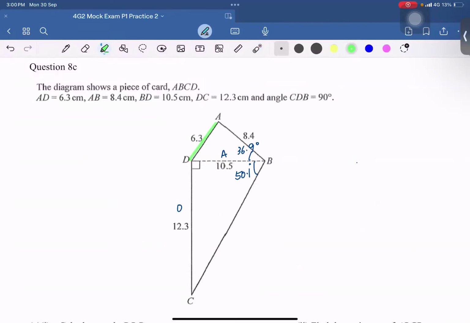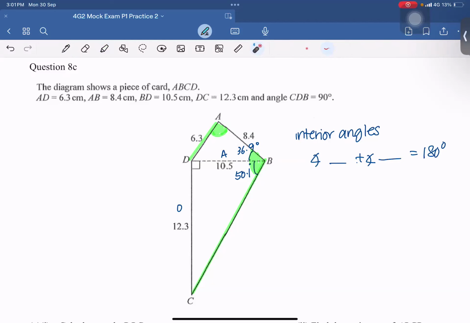If AD is parallel to BC, by interior angles on parallel lines, angle plus angle should give you 180 degrees. This angle over here plus this angle over here should give you 180 degrees. And it looks very much like they are parallel to each other. But are they not? I do not know.